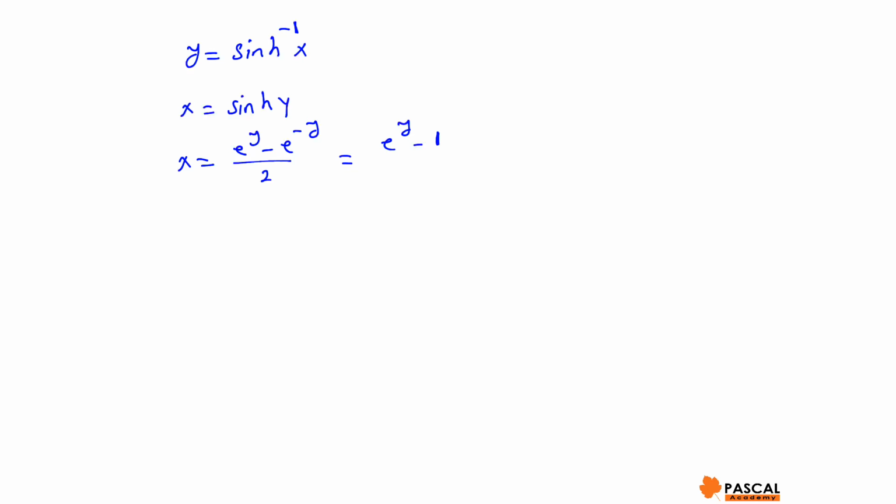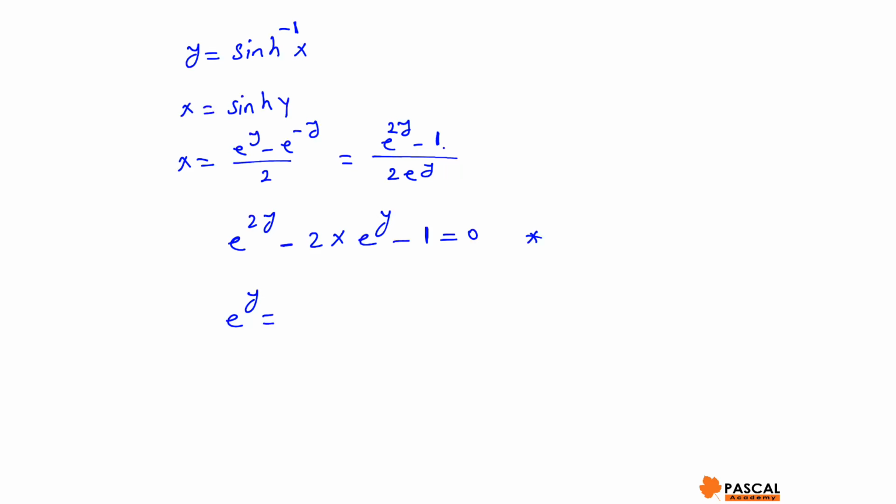If we multiply by e^y and divide by e^y, we have x equals (e^(2y) minus 1) divided by 2e^y, which is the same as e^(2y) minus 2x e^y minus 1 equals 0. This is a quadratic equation.